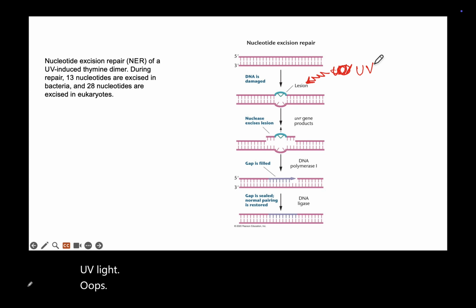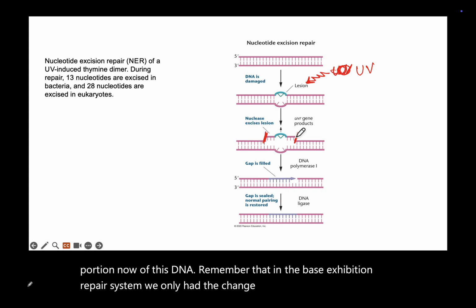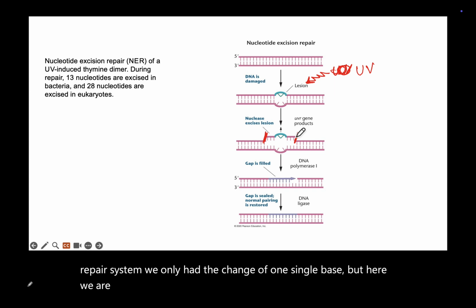UV light. Here, what happens is that you have a nuclease that will cut a big portion now of this DNA. Remember that in the base excision repair system, we only had the change of one single base. But here, we are actually removing a big chunk of this sequence, okay?